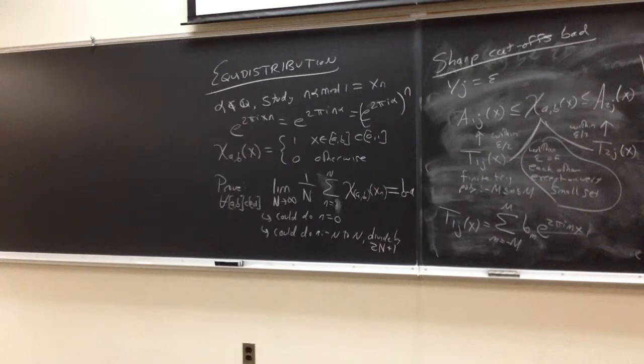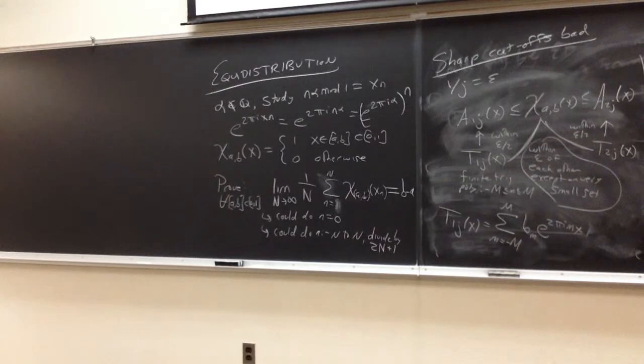Well, not just that, but the errors might not be small. Remember, if I move over just a little bit, chi AB would be 0, but this could be very close to 1. Imagine my sequence is all points that are just a shade smaller than A, or just a shade larger than B. In that case, the error is enormous. But what we can do is we can sandwich this.